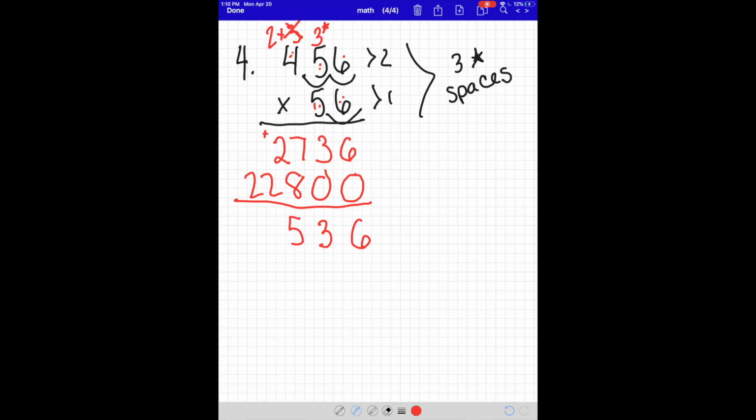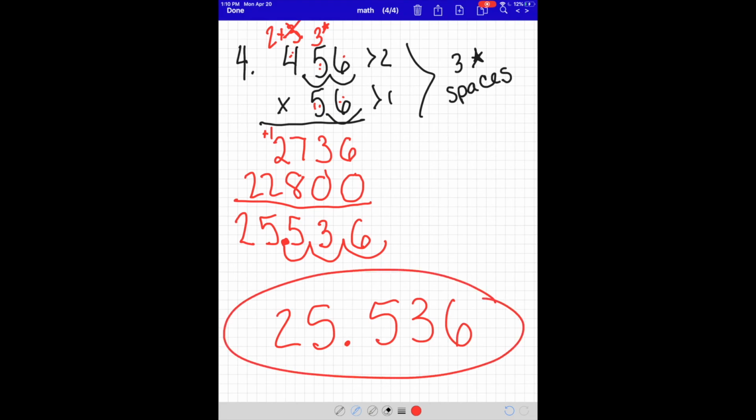Carry your 1. 2 plus 2 is 4, plus 1 is 5, and 2 plus nothing is 2. And then we're going to move in 3 spaces. So your final answer should be 25.536.